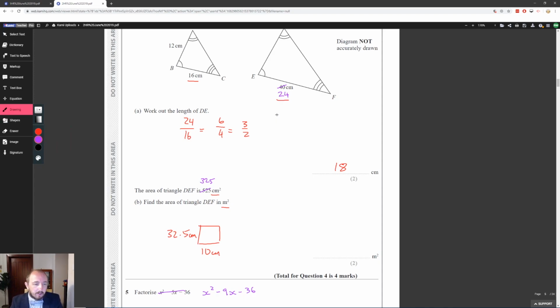So 32.5 centimeters divided by 100 is 0.325 meters. And 10 centimeters, when you divide by 100, will give you 0.1 meters. So now we can do 0.325 times 0.1, and that will give us 0.0325 meters squared.